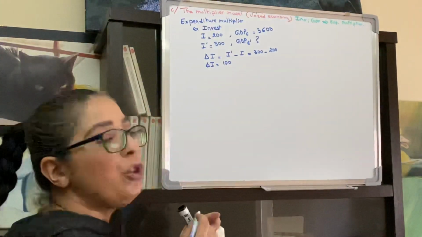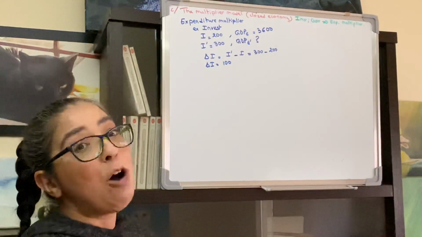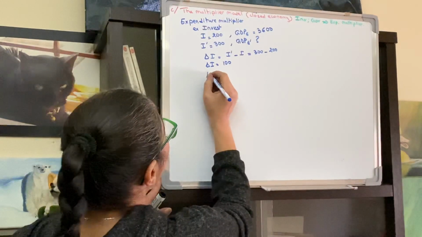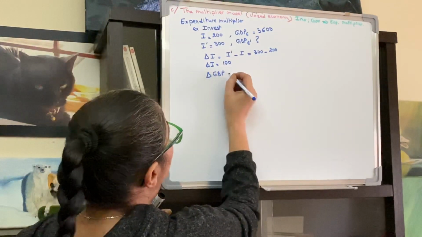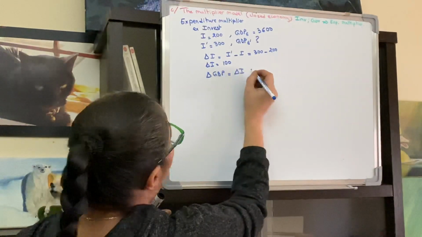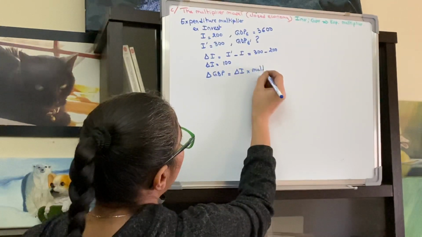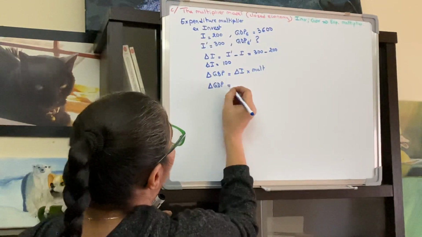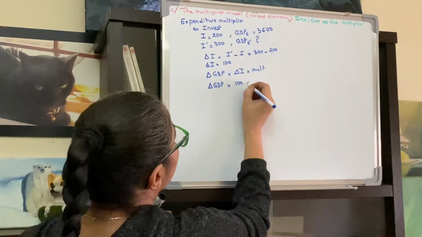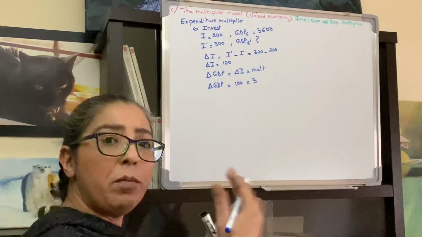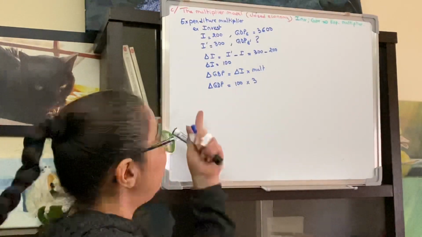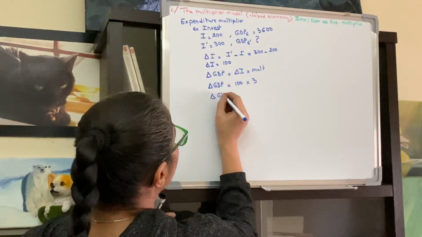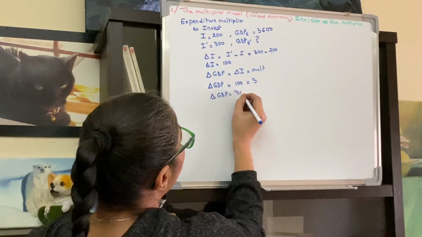That's by how much you changed your investment. Let's see by how much you're going to change your GDP. Delta GDP will be equal to delta I times the multiplier. The multiplier is still 3, so delta GDP is equal to 100 times 3. No need to calculate the multiplier each time. Calculate it once because it's the same exercise, it's the same MPC. So delta GDP is equal to 300.